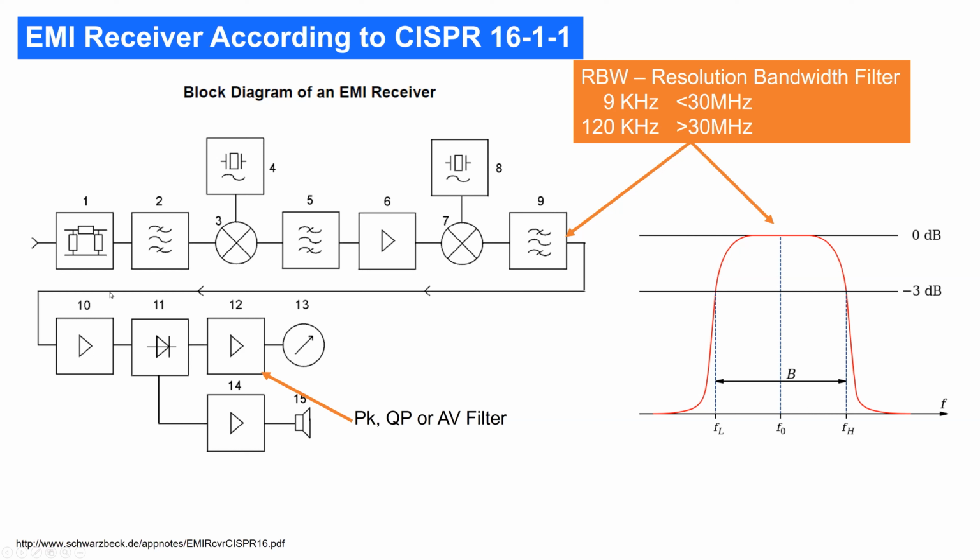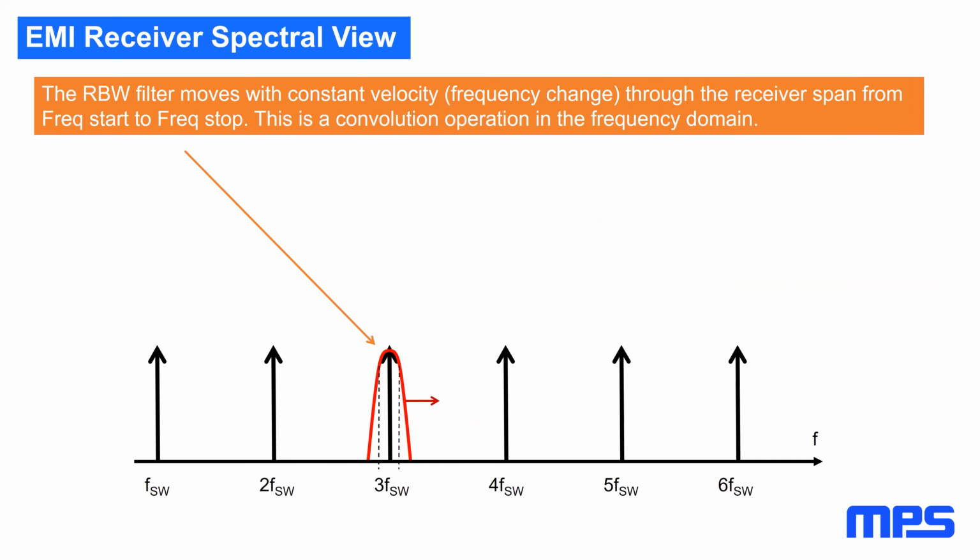You have in an EMI receiver and spectrum analyzer also filters after the rectifier, which makes essentially the power, and you get then low frequency filters which measure quasi peak or average. However, they have in a sense not as big an impact as the resolution bandwidth or receiver bandwidth filter. So that's the important one, and we'll later come to why that is the case.